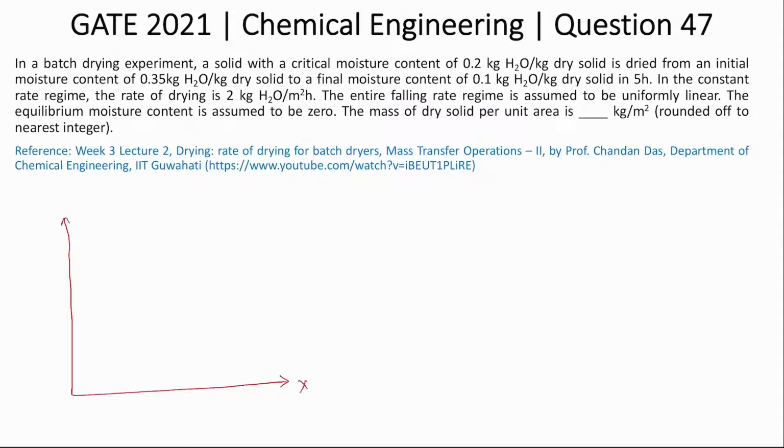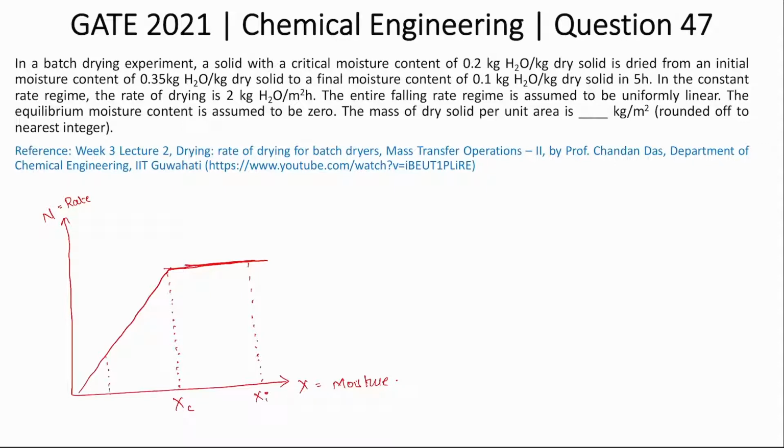So we have the moisture content on the x-axis and the rate of drying on the y-axis, and the straight line represents the constant rate and the sloped line represents the falling rate regime.